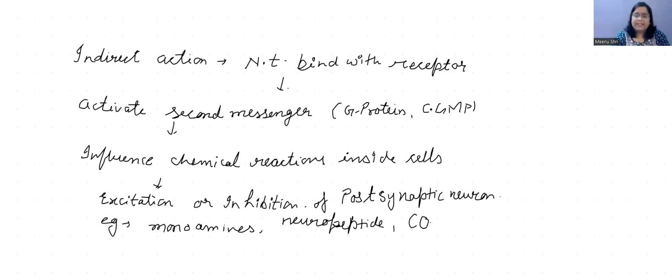Now we will discuss, in the same lecture continuously, the removal of neurotransmitters. The removal means: when neurotransmitters are released in the synaptic cleft, as the membrane potential changes or as the impulse propagates further, what will happen to the neurotransmitters?